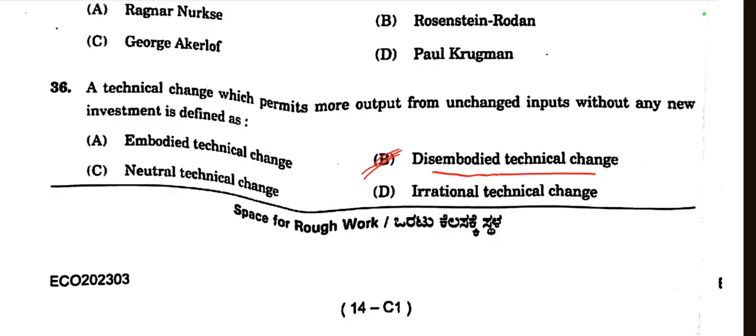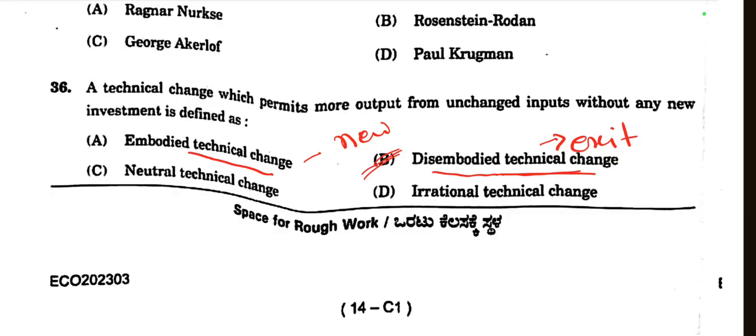In contrast, embodied technical progress is when new technical changes are made and attributed to investment in new equipment. So embodied technical change means new investment or new techniques used.